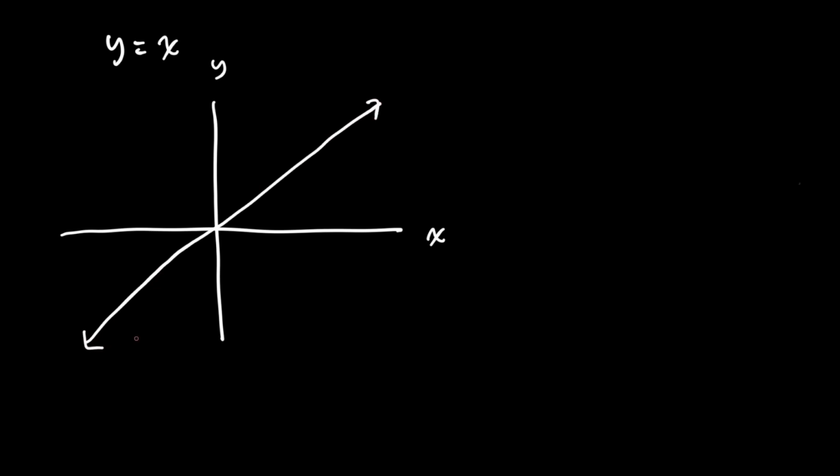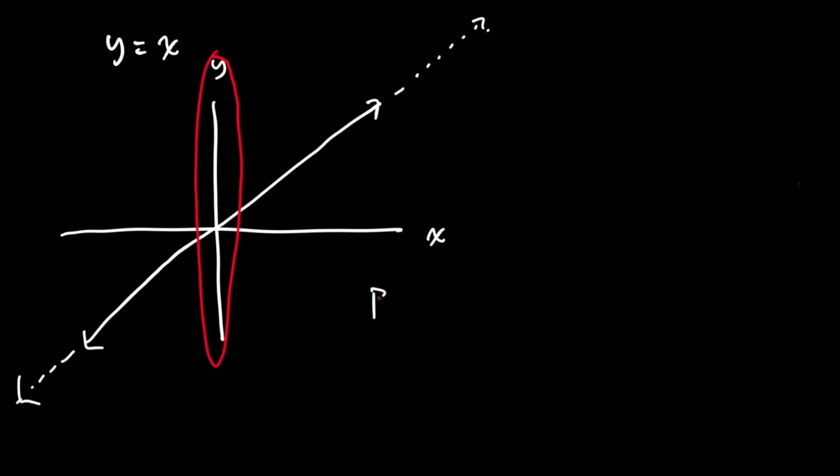Now, since we established that the range is all the possible output values, or all the possible y values that we can obtain from a function, we can see that the range for this graph, since it goes through the entire length of the y-axis and continues on to infinity without stopping, is from negative infinity to infinity. So the range is basically all real numbers.